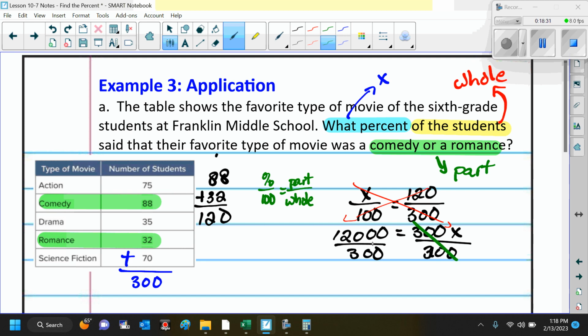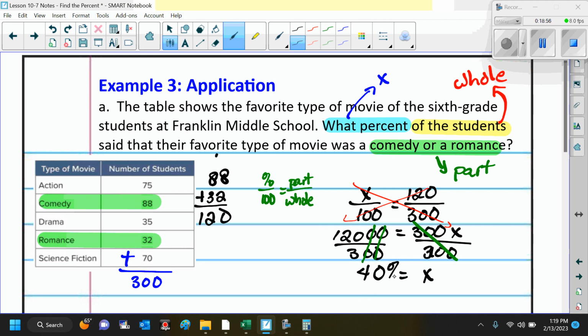And over here, remember, you can simplify out pairs of zeros. So that means when we cancel out 2 pairs of zeros, that meant that we divided by 100. So now we can simplify. So x, let's see, 3 goes into 12 4 times, and 3 goes into 0 0 times. So here, this is going to be 40 over 100.